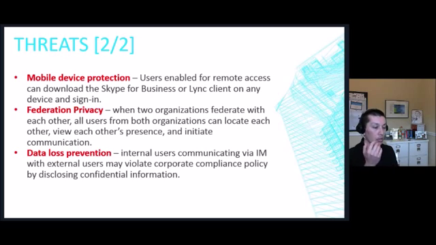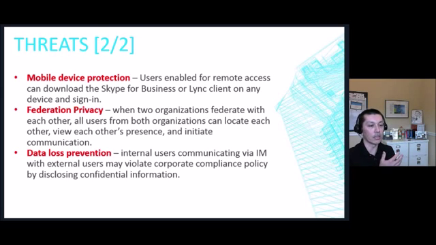Another one is federation. If customers have federation set up, whether with Office 365, which a lot of customers are starting to do more and more, or with other organizations, whether it's Microsoft or a partner, it doesn't really matter. The beauty about federation is that now you can communicate with other users in that organization and vice versa. You can see each other's presence, you can start any communication, but it does cause a bit of a privacy issue. Some organizations don't want all of their users to be visible and have their presence published to their partners.